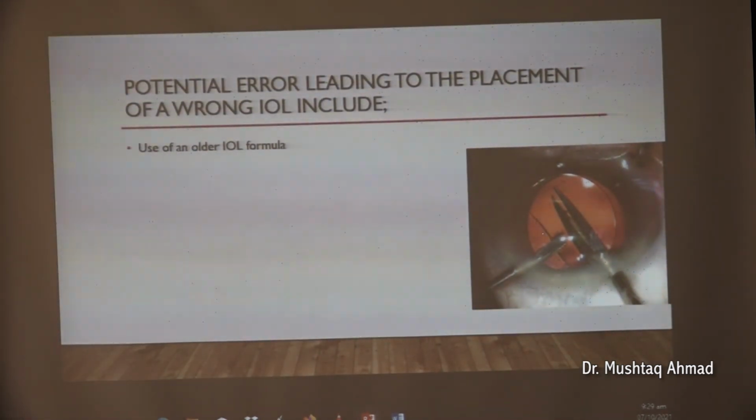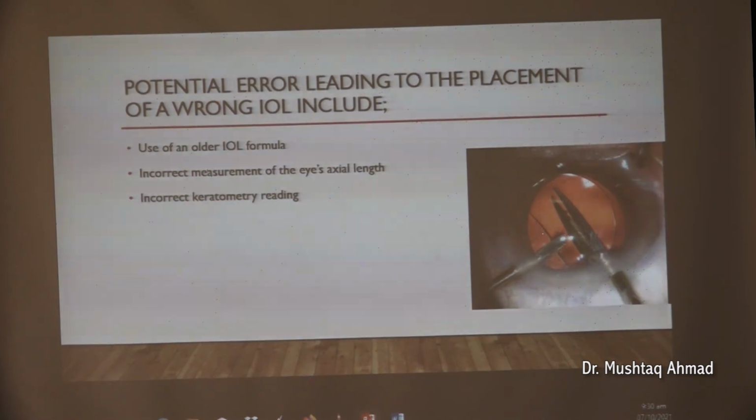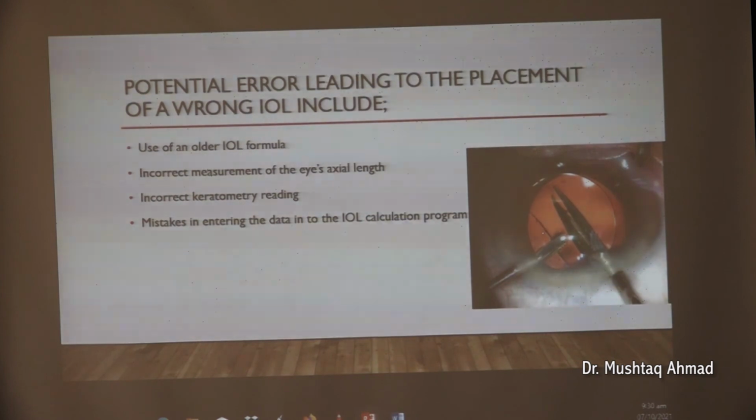Potential errors leading to the placement of a wrong IOL include use of an older IOL formula. Most of the people are using the older formula. Incorrect measurement of the eye axial length. Incorrect keratometry reading. Mistake in entering the data into the IOL calculation program.